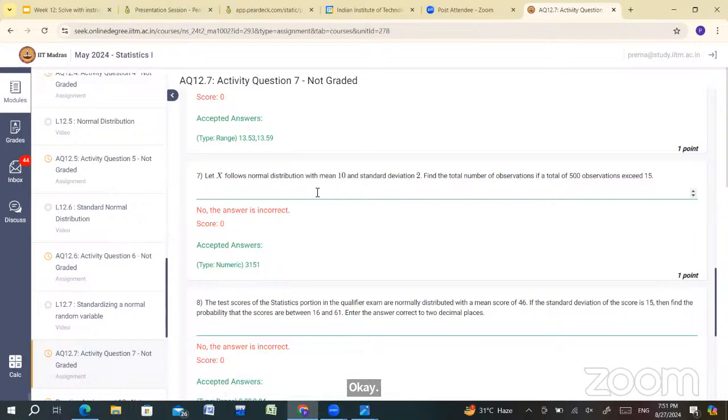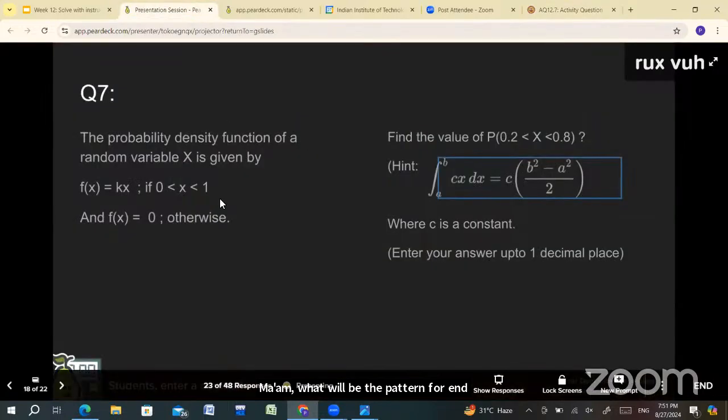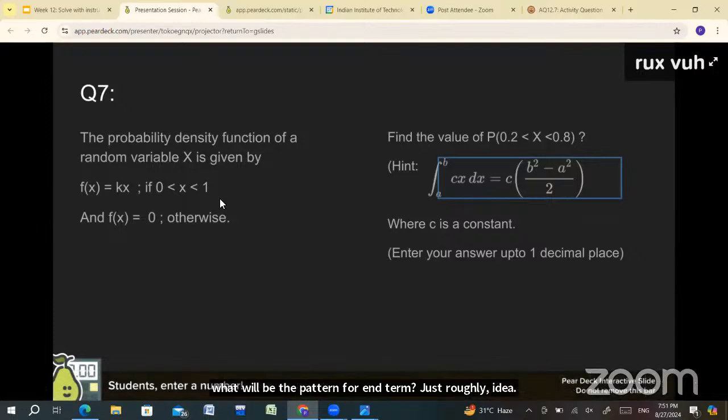Ma'am, what will be the pattern for the end term exam? Just a rough idea. I think it will be similar to that of the quiz. See, I'm not sure about these things right now. You can ask Prashant sir. He will give you the clear idea. Okay, ma'am. Ma'am, will the PDF be available, like this PDF that we solved today? The lecture will be recorded and it will be available on YouTube.